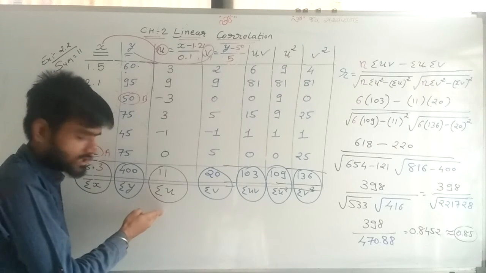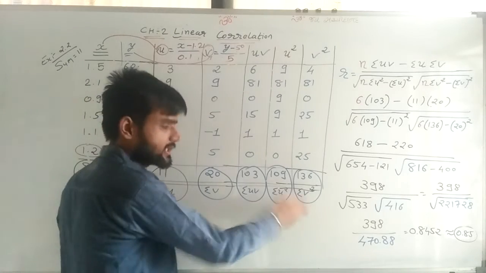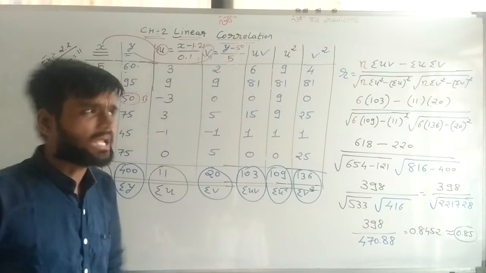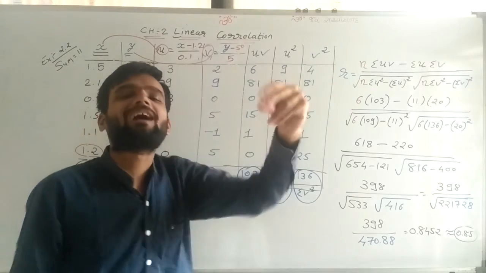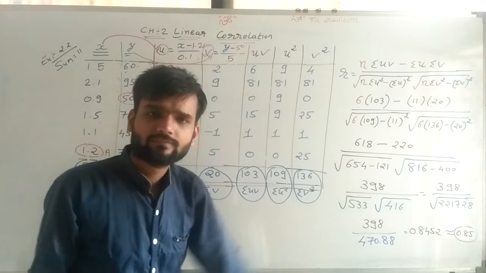So we have all the values: sigma u, sigma v, sigma uv, sigma u square, sigma v square. We have all the values available. Now just put them into the formula and calculate yourself. You can do it yourself.